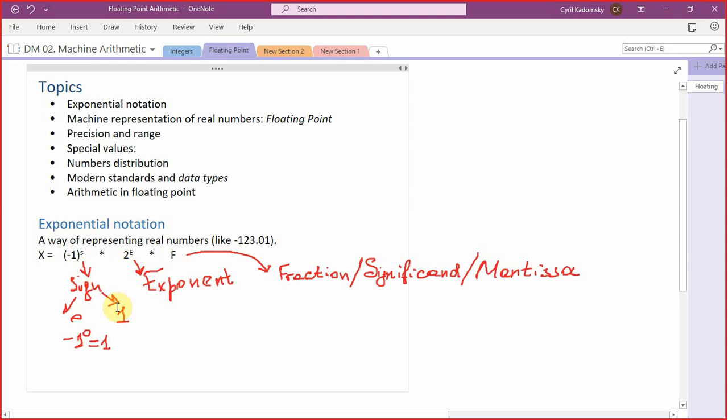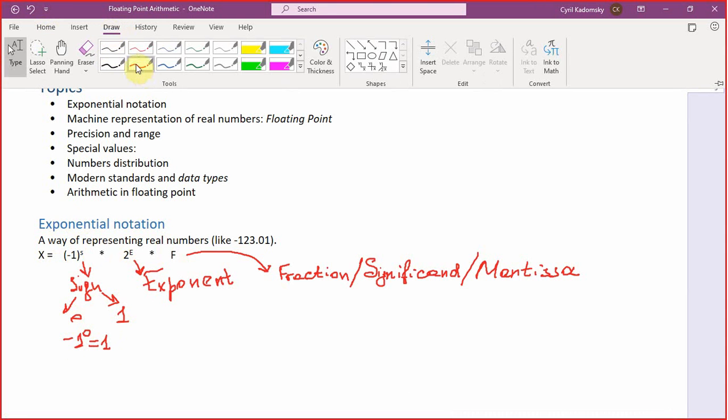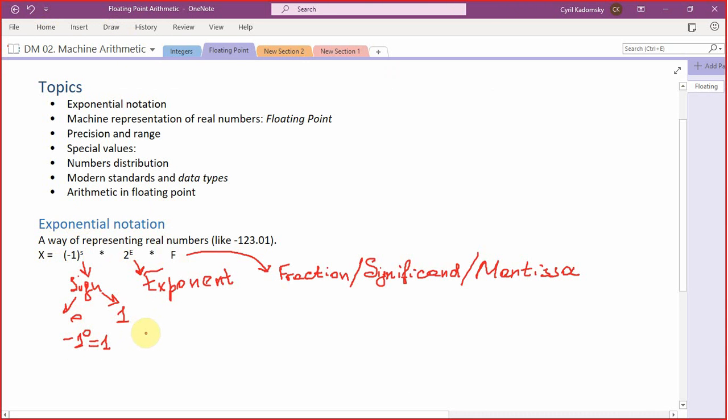Okay, if our sign value is 1 instead of 0, we have minus 1 power 1, and any number in power 1 is the same as it was before. So this part is equal to minus 1 then.